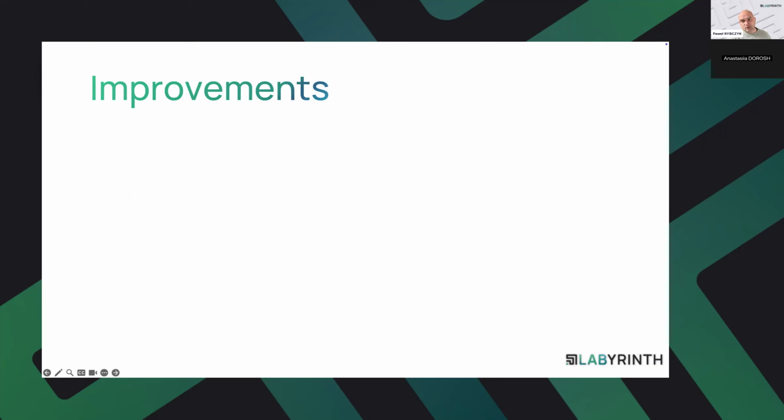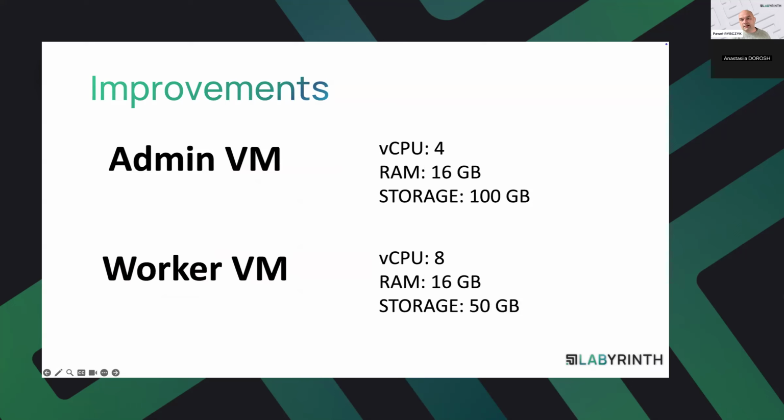Now when we look at the improvements, first of all, what is very important is the performance requirements. These are the current minimum requirements for both appliances, the admin VM and the worker VM. For management, as you can see, we require 4 CPUs, 16 gig of RAM, and storage of 100 gigabytes.